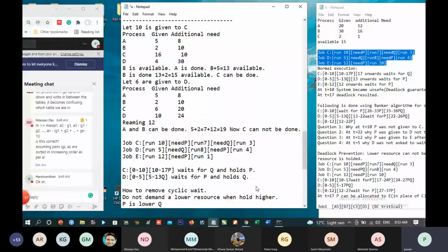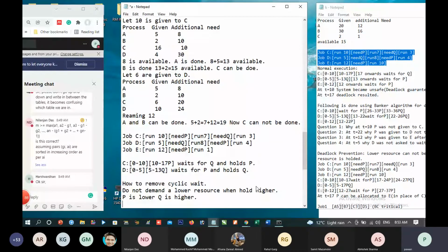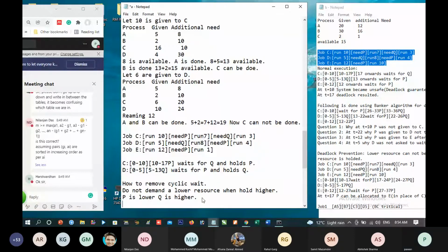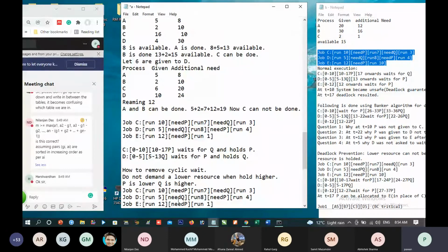Let us assume this. Let us make some policy. Under this policy, we shall say that our job requirements are being turned like this. First, even if you need P later, you should demand P earlier so that hold of Q and need for P is not the case. This is deadlock prevention.